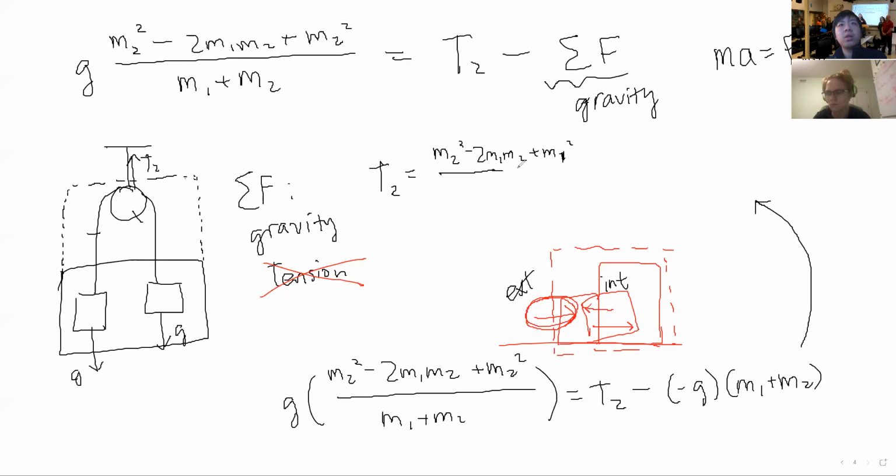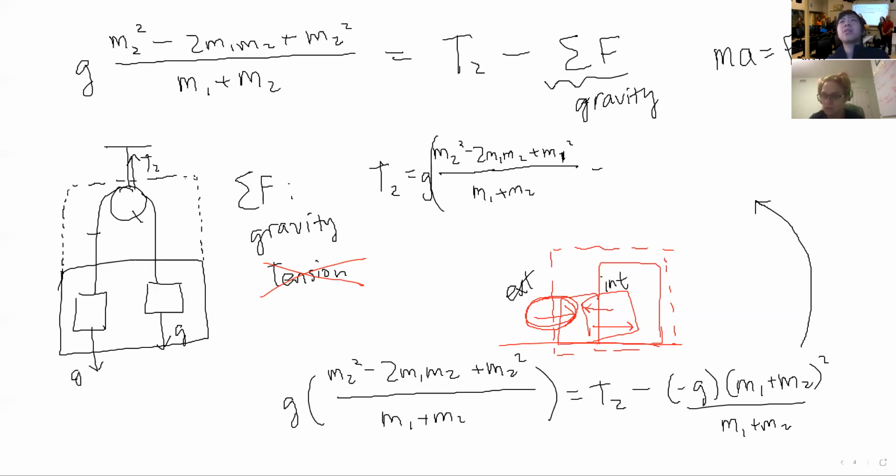This is equal to (m2 squared minus 2 m1 m2 plus m1 squared) over (m1 plus m2), and then you have to subtract, well, you want this to have a denominator of m1 plus m2, right? So then you square this on the top. Yes, it is a difference of squares.